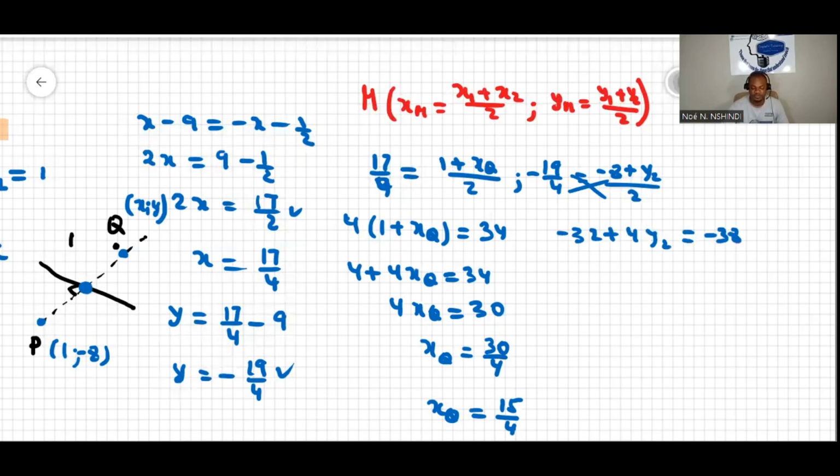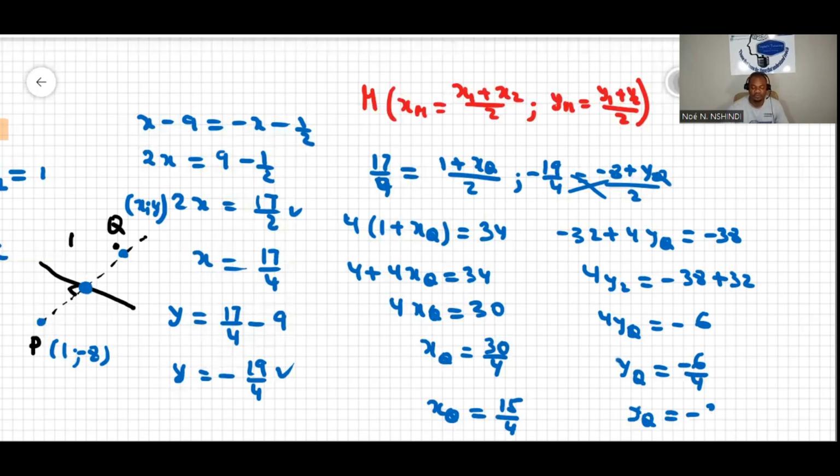If I move the -32 over, we get 4yq equal to -38 plus 32, and that makes 4yq equal to -6. Then yq will be -6/4, which is yq equal to -3/2.